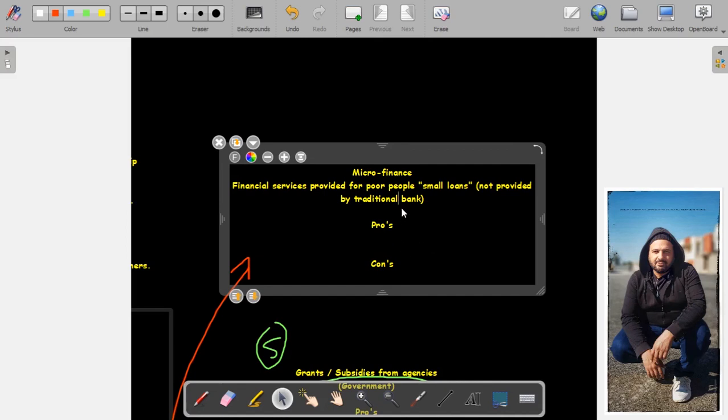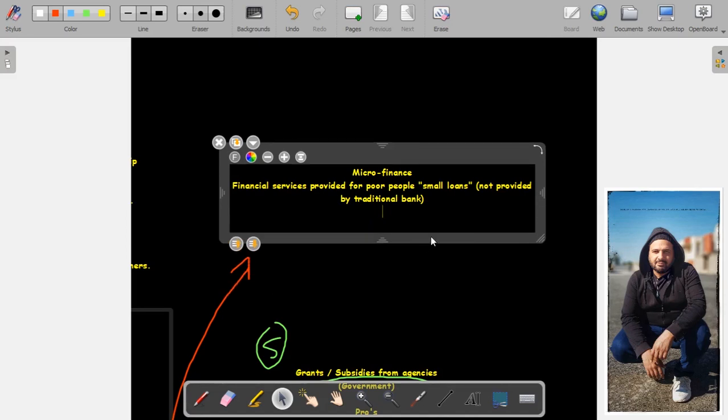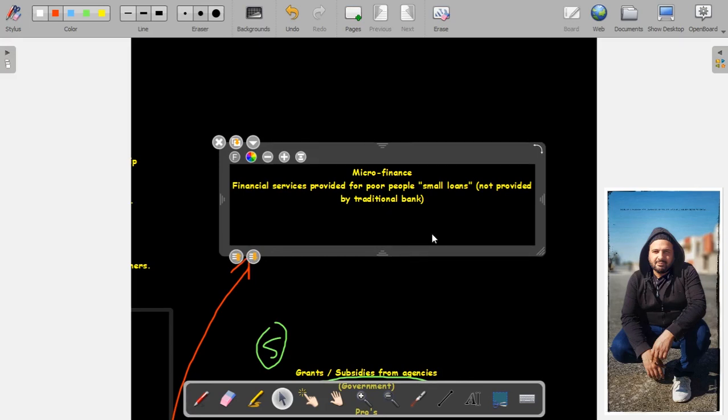Before that, I'm going to talk about a few things. This practice is applied in developing countries where people are poor.